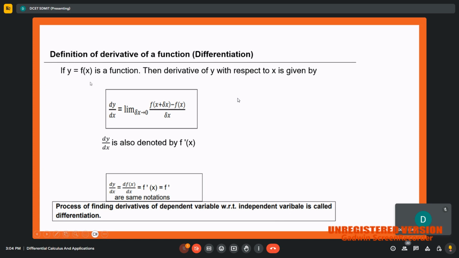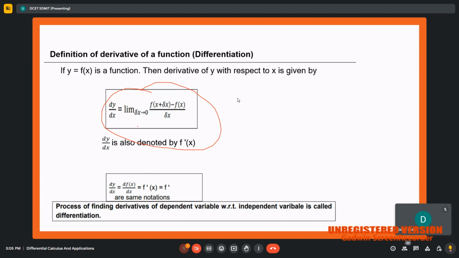Now, if y is equal to f of x is a function, the derivative of y with respect to x is given by dy by dx. This is the definition: dy by dx is equal to the limit of f of x plus delta x minus f of x, divided by delta x, as delta x tends to 0.